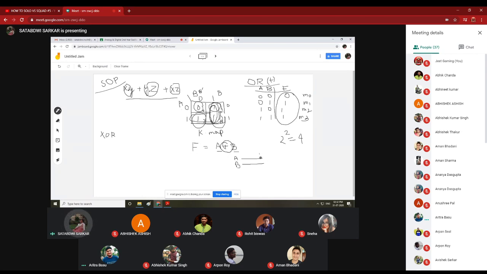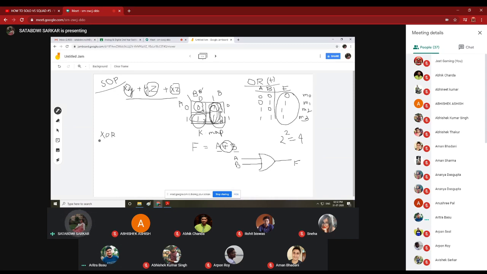OR. So we have to take the OR gate here. I know it is very problematic to handle this mouse. This is the OR gate, and this is F. So this is the circuit for this corresponding function.